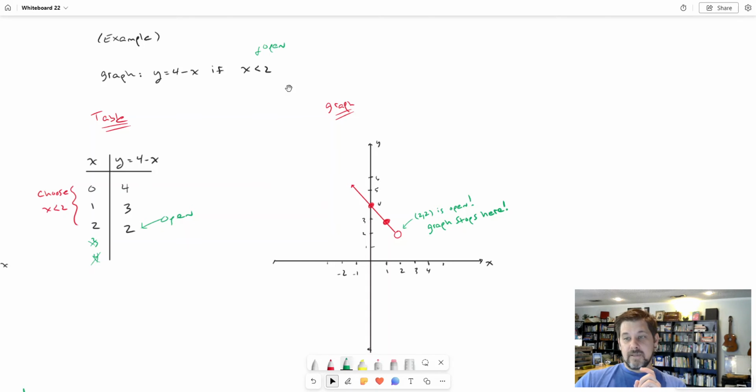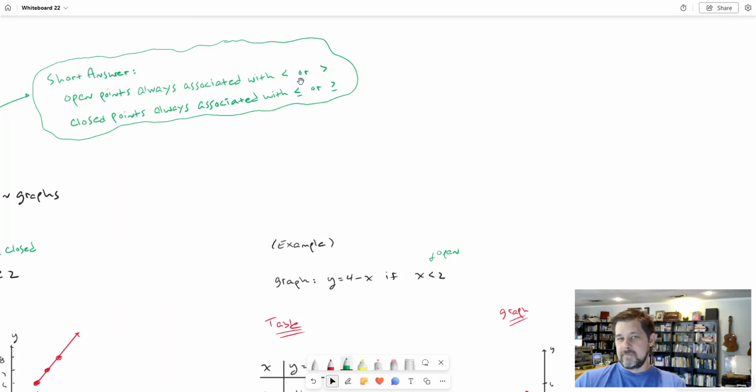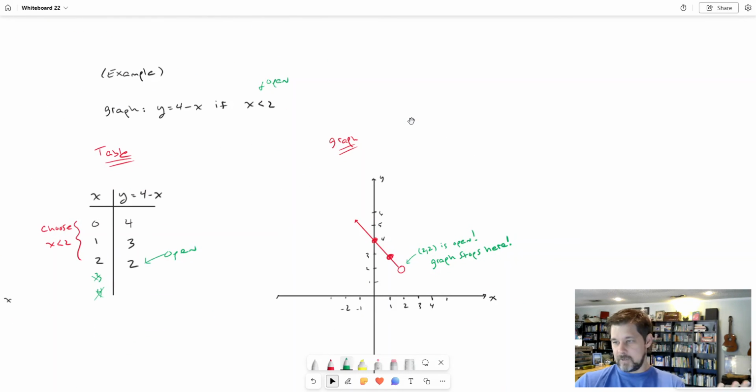One reason why I know that point's open is because that's just the rule that I gave you. Open points are associated with less than or greater than. Is there a deeper reason? Yeah, there's a deeper reason, and you should think about it. Am I breaking the rule to put 2 on this table? My instructions are x is less than 2.